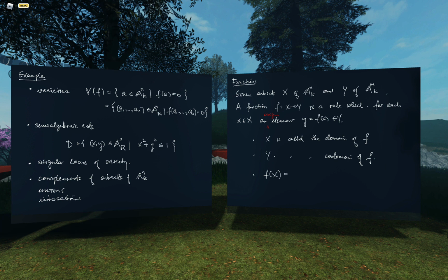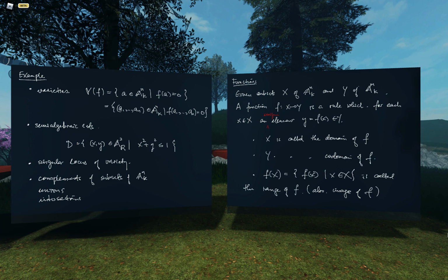We'll denote it f(X), and this is going to be the points f(x) for every x in X. This is called the range of f, or sometimes also the image of f. These are all properties of the function, so of f. So we'll talk about these things at some point.